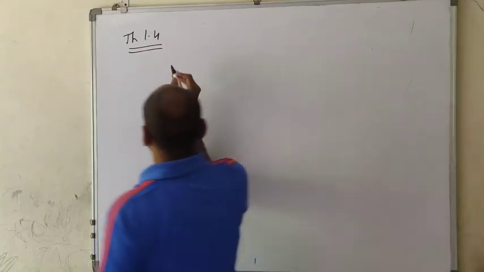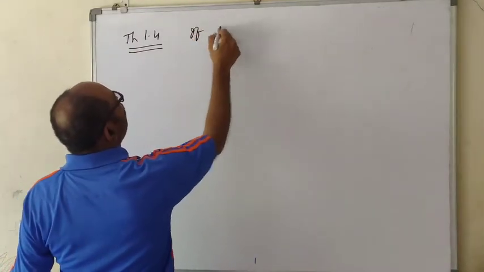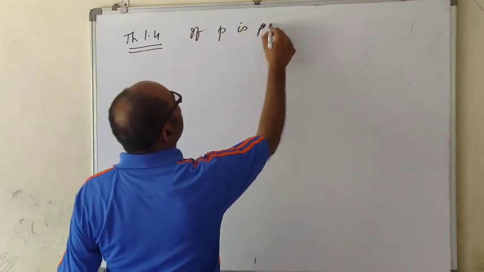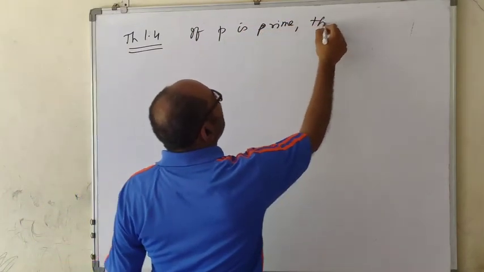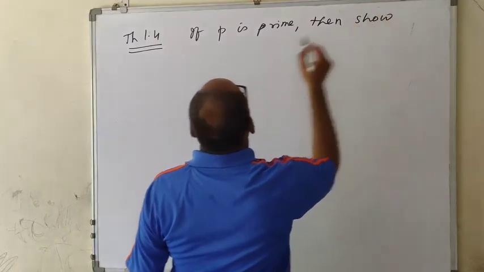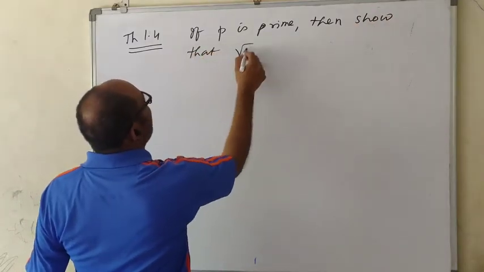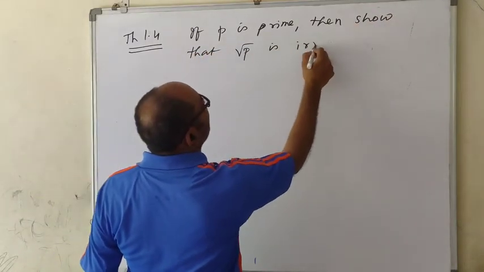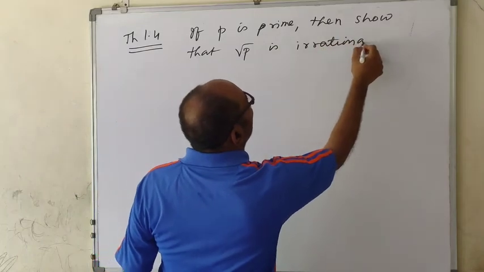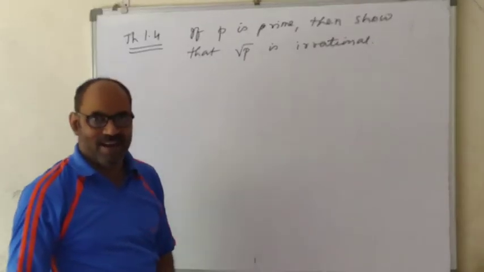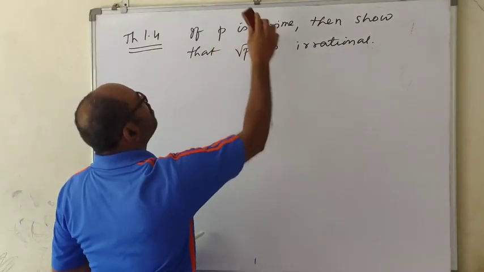I feel the statement should have been like this: if P is prime, then show that square root of P is irrational. This should have been the statement, but they have said P is prime.